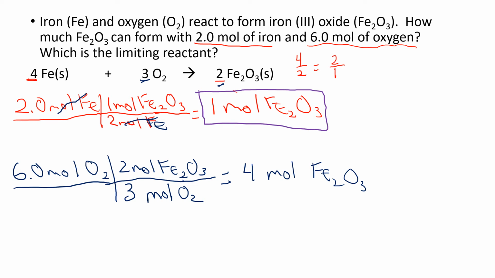So in this case, we know that the iron is our limiting reactant. And it just so happens here that oxygen is our excess reactant. It's the part where a little bit is left over.